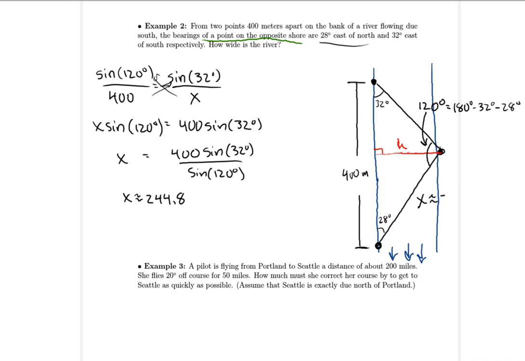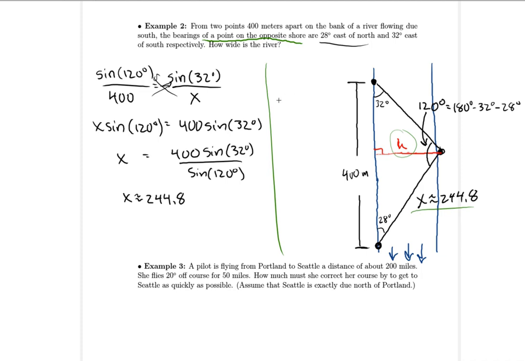But now by knowing that that's 244.8, now I'm allowed to use right triangle trigonometry in order to actually answer the question. So I can say, for example, what do I know now? I know that I want to know the opposite and I know the hypotenuse. So opposite and hypotenuse should make me think sine.